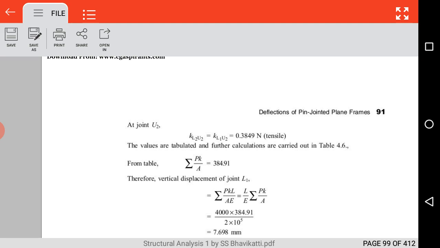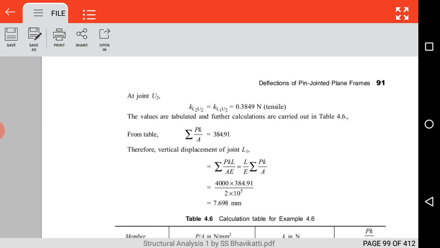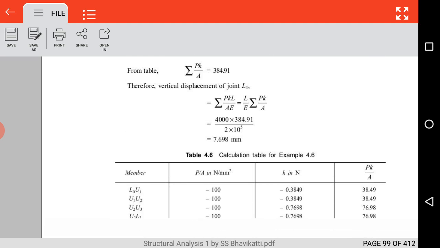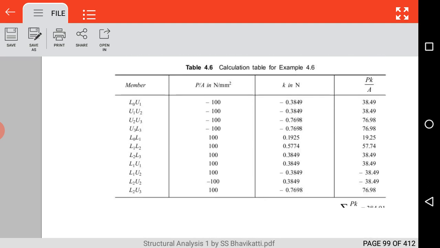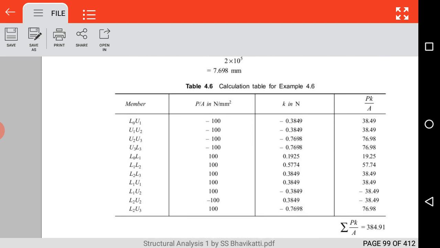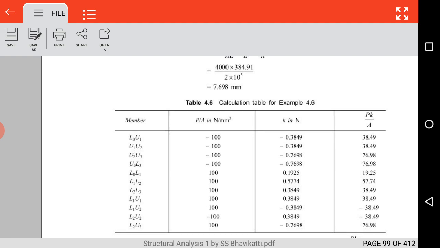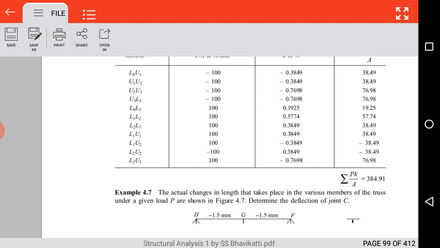Since the length and Young's modulus are the same, they are taken outside, so we are left only with PK by A. So the value is found to be 7.698 mm. In this way we will be calculating the deflections for the trusses.